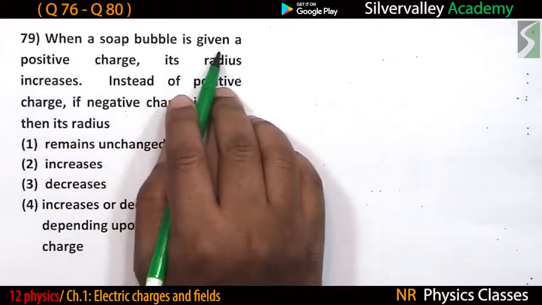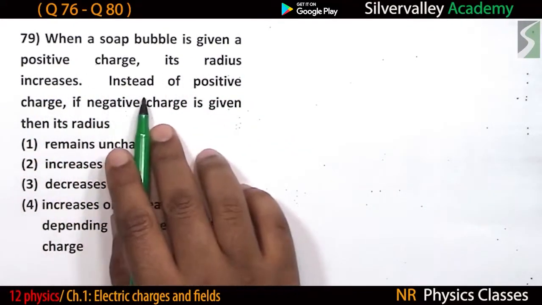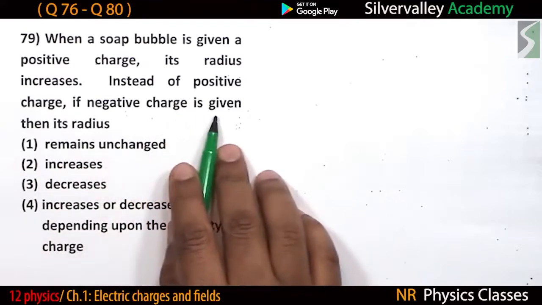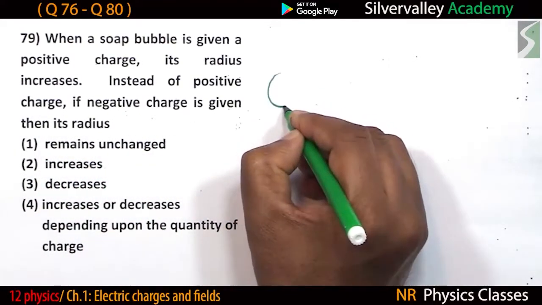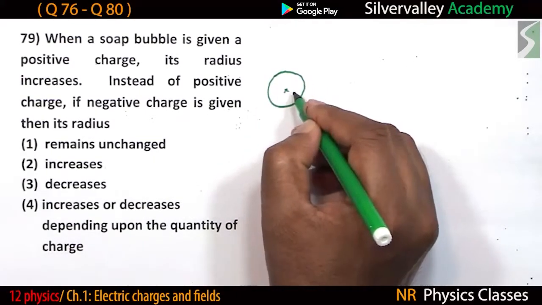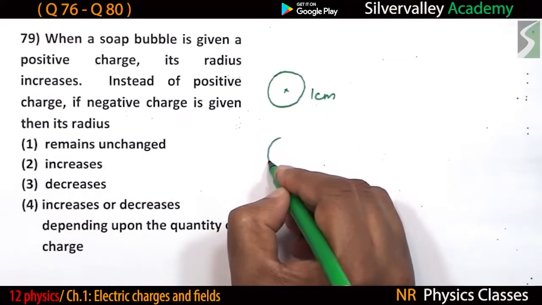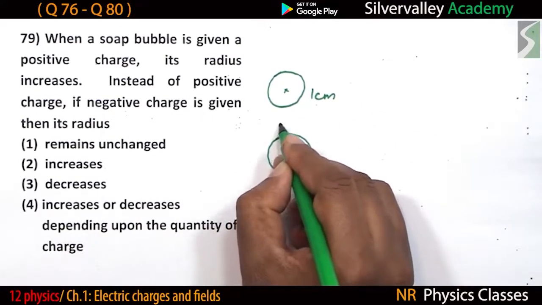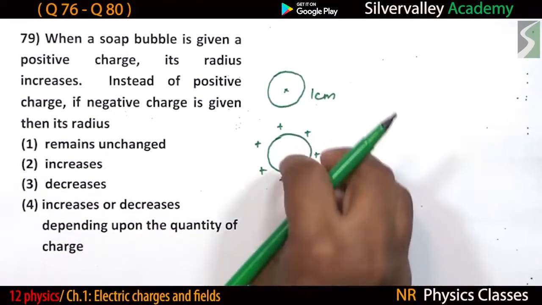When a soap bubble is given a positive charge, its radius increases. Instead of positive charge, if negative charge is given, then its radius? This is the bubble, okay? Center of the bubble. Let radius be 1 centimeter. If the bubble is given positive charge, radius increases because of mutual repulsion.